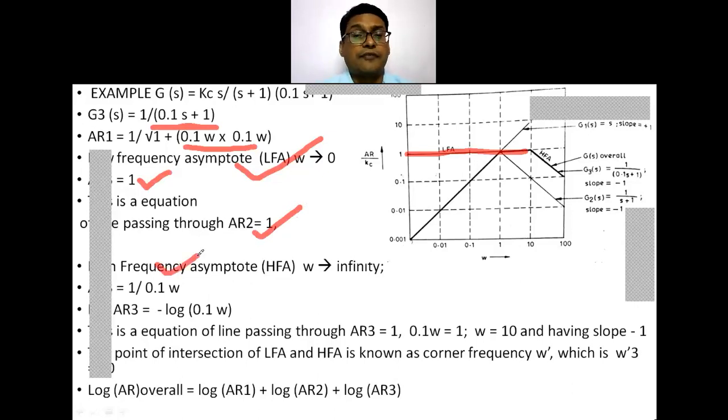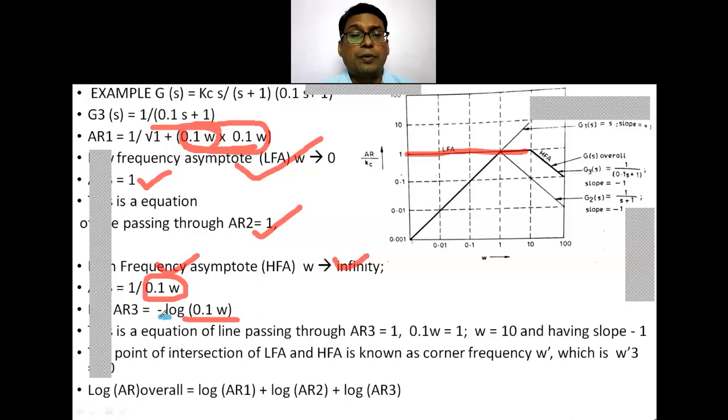Now plotting the high frequency asymptote, omega tends to infinity. So this term will be there, 0.1 omega whole square. So taking out the under root, it becomes 0.1 omega. So I will take a log of this, minus log of 0.1 omega.